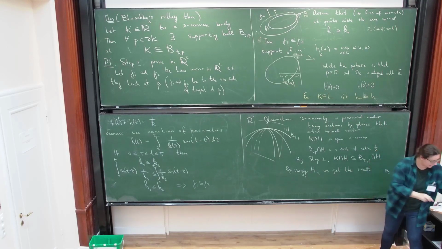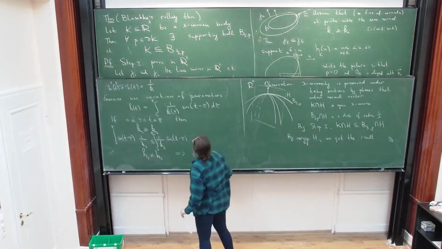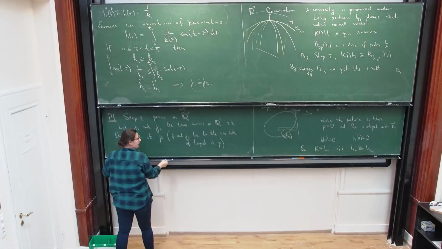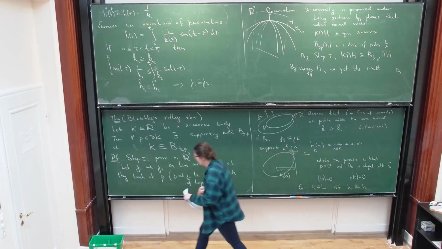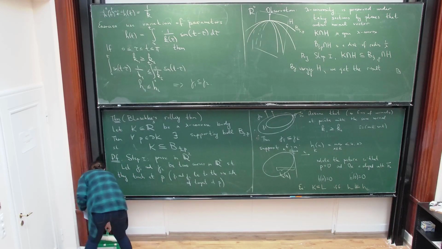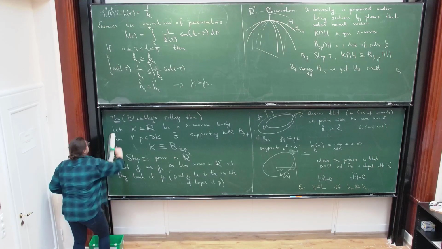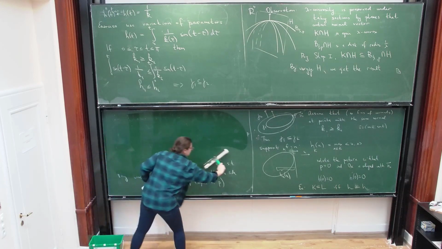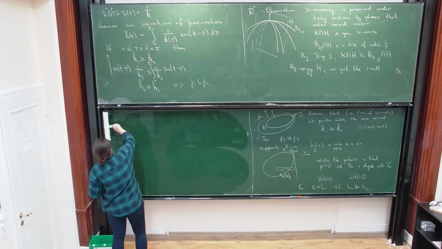The last thing I'm going to mention is that the Blaschke-Rolling theorem gives me a way to approximate the general lambda convex body with just a finite intersection of balls of radius 1/λ.